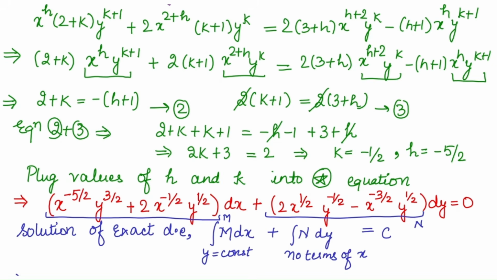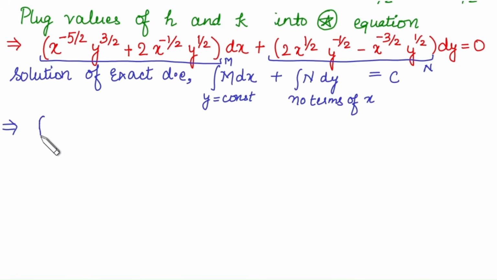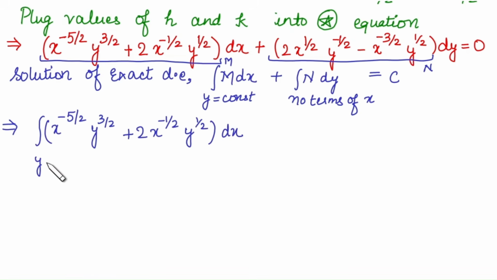So we can rewrite it as integration of this entire term, x raised to power minus 5 by 2, y raised to power 3 by 2, plus 2 times x raised to power minus 1 by 2, y raised to power 1 by 2. Its integration with respect to x, keeping y as a constant. And here integration of N that contains no terms of x, that is 0, is equal to constant c.